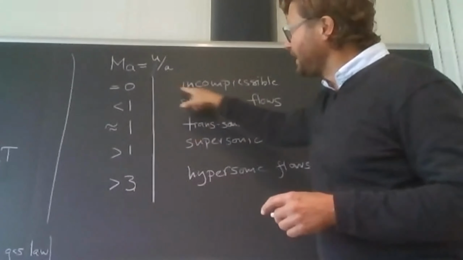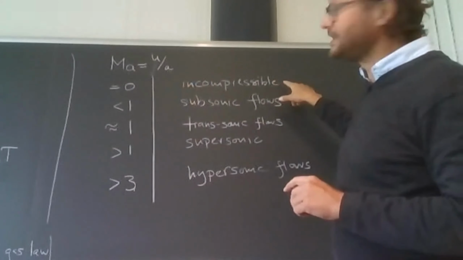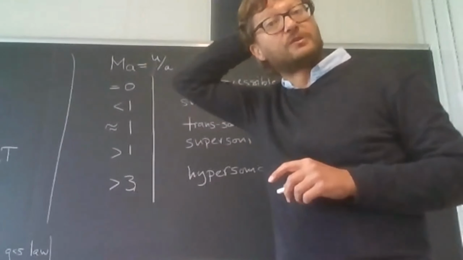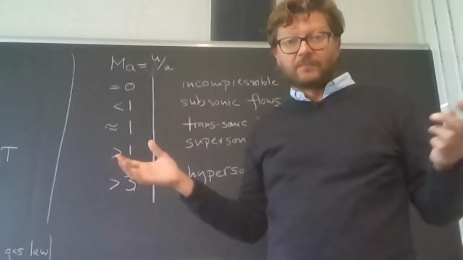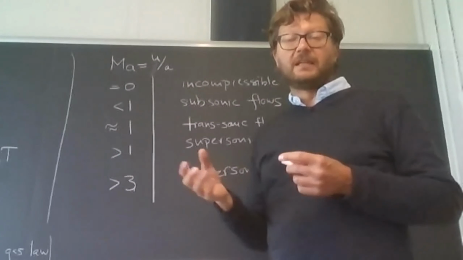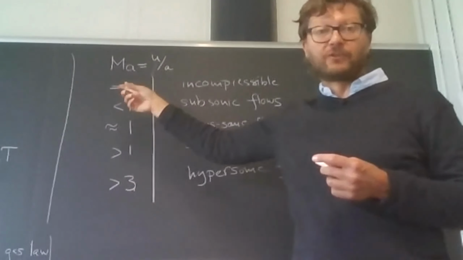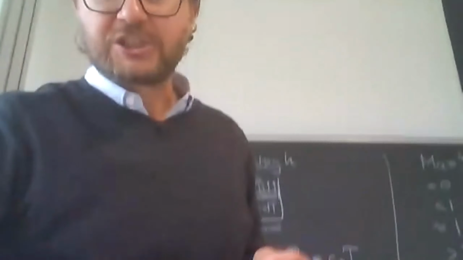So what we did the last 10 weeks was just up here, Mach 0, or let's say at least close enough to 0 so that we can consider compressibility to be irrelevant. We're going to get a better boundary on that later on in a few minutes: below which Mach number we can forget about compressibility.